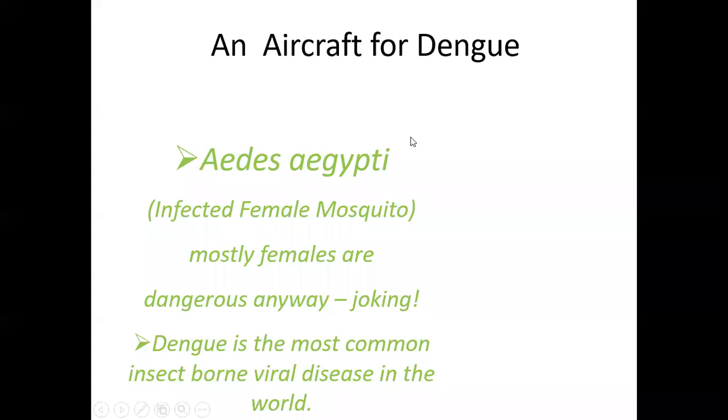As you know, the Anopheles mosquito was the vector for malaria, but in case of the dengue virus, the infected female Aedes aegypti mosquito is the vector. So you remember which one is the vector in the case of the dengue virus.